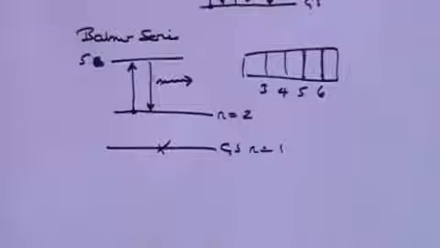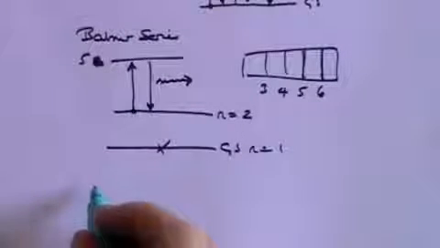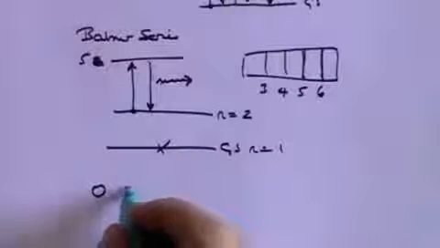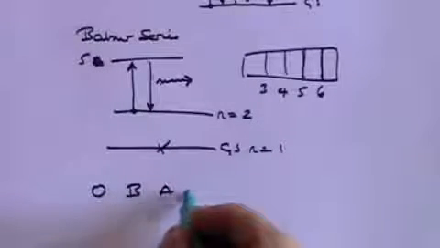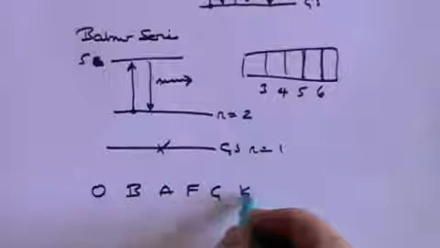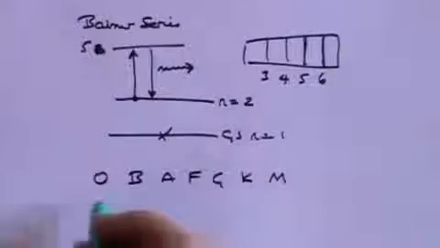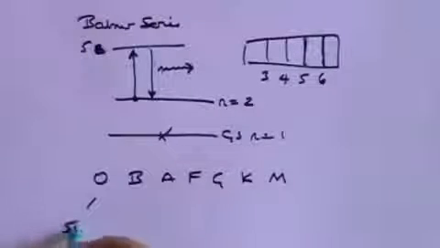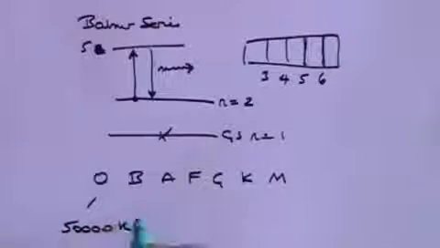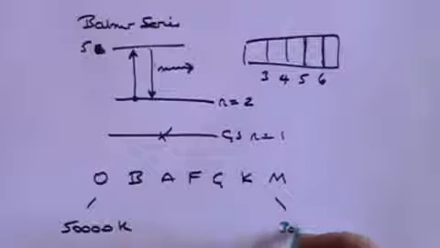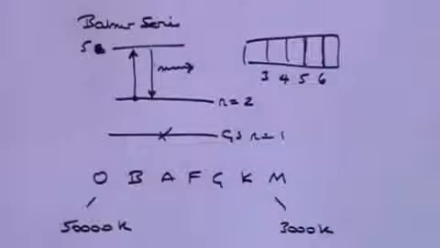And as a consequence of observing spectral lines and their relative intensity, which gives us the measure of the temperatures of the star, the stars have been classified into the following categories, starting with the very hottest: O, B, A, F, G, K, M, where O has a surface temperature of about 50,000 Kelvin and M has a surface temperature of about 3,000 Kelvin.